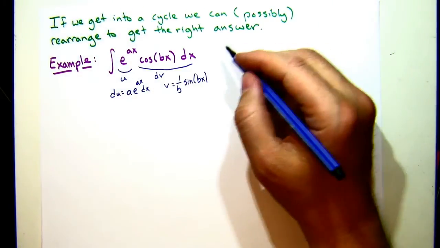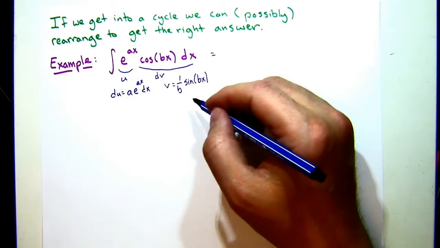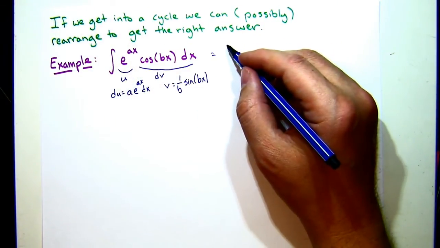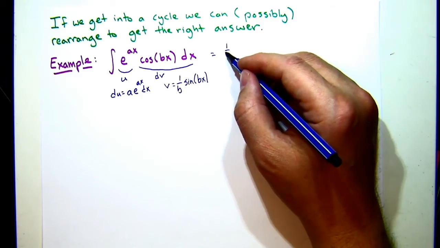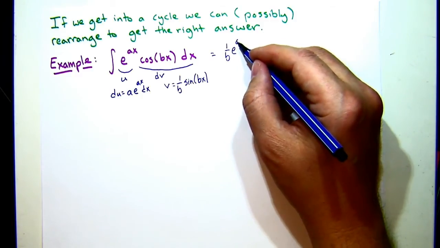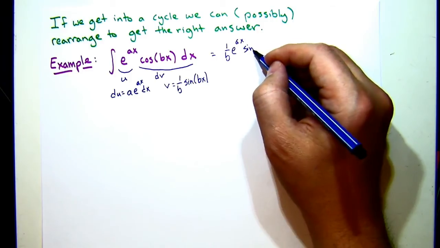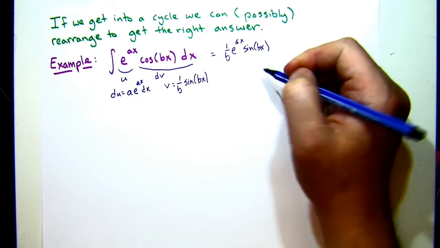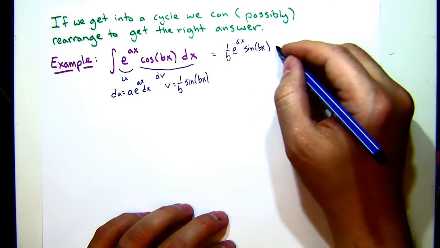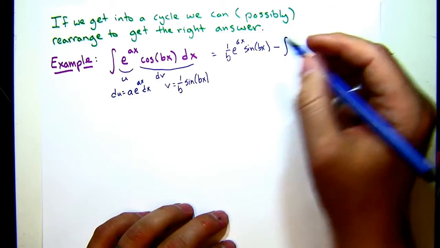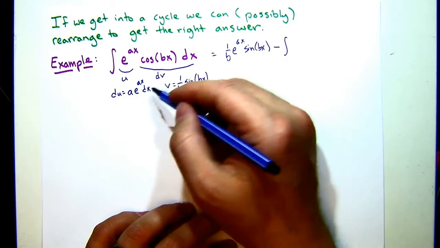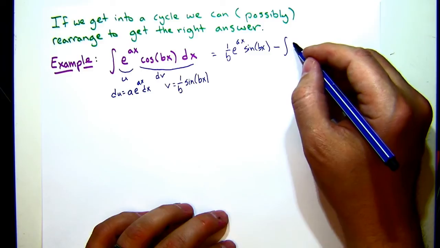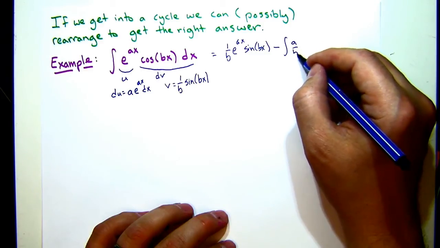All right. Now from here, we do the following. uv. So I have 1 over b e to the ax sine of bx minus the integral v du.